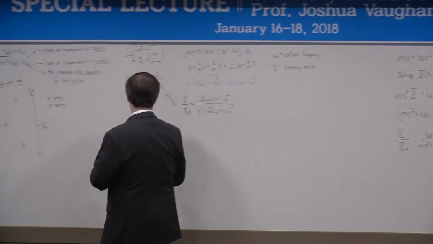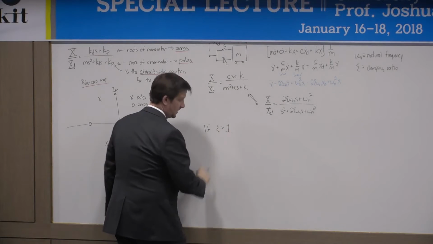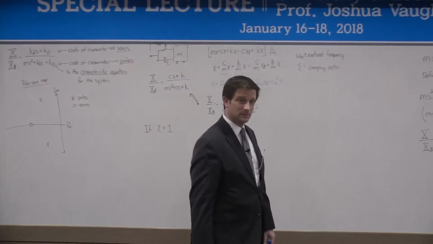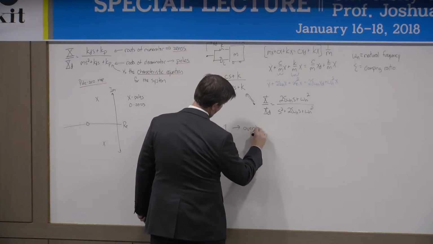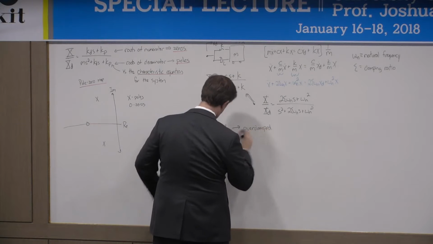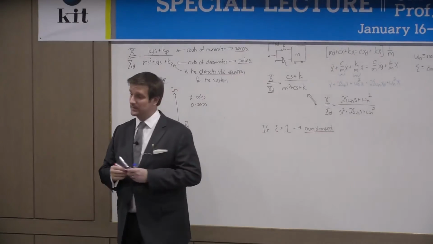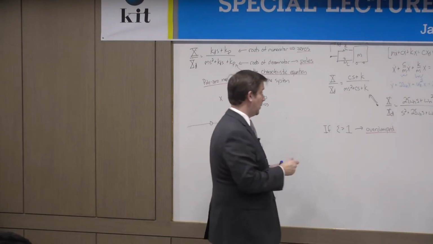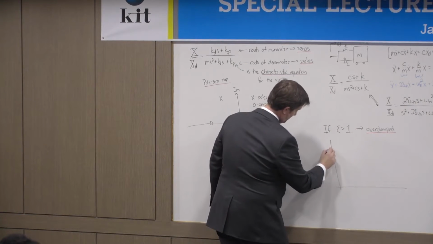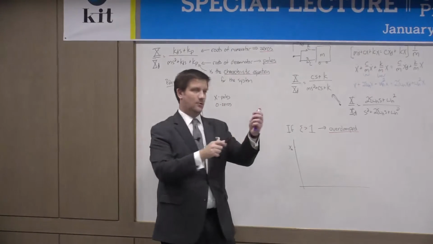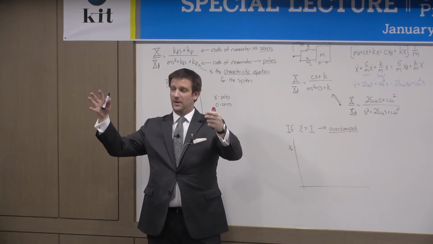So if that damping ratio is greater than 1, we say the system is over-damped. In an over-damped response, let's say I'm holding X, and I pull it over to X0 and then let it go.